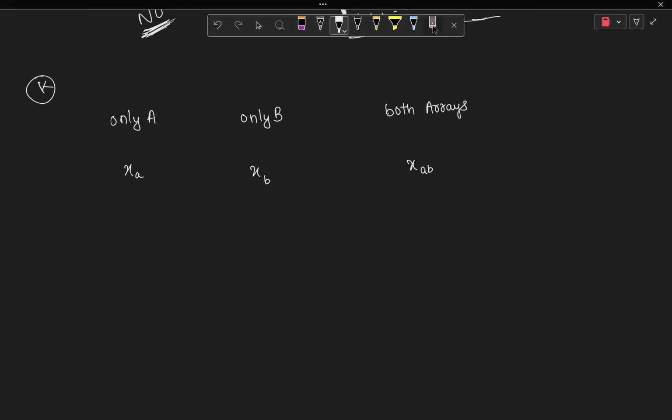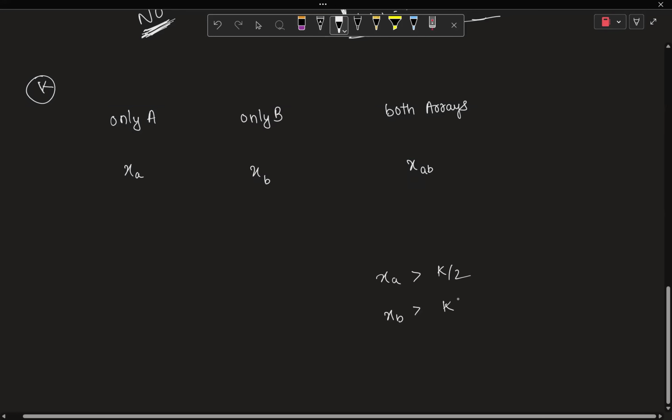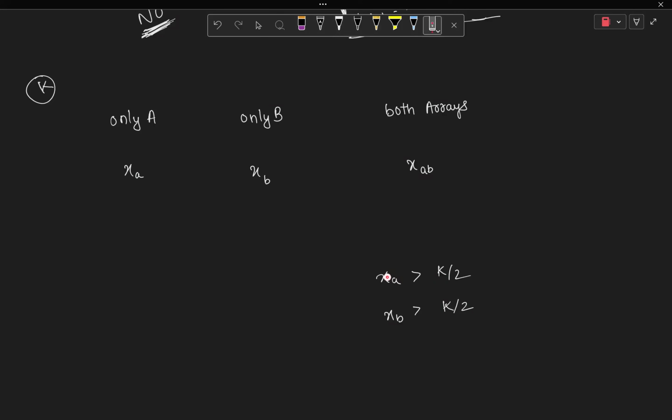So if xa is greater than k by 2 or xb is greater than k by 2, in that case I would not be able to pick up all the elements from there, since I can pick up only k by 2 elements from array A. Let us say k was equal to 10 and xb was equal to 6.